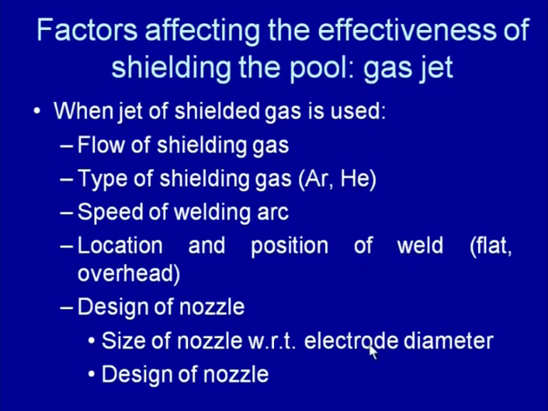Size of the nozzle with respect to the electrode diameter: if the difference between the size of the nozzle and the electrode diameter is small, then it will form a very sharp and high speed jet, but a very small difference can lead to turbulence in the jet, which can increase the atmospheric contamination.